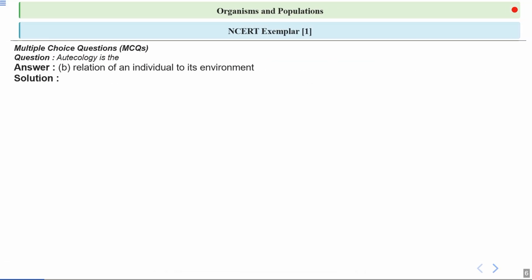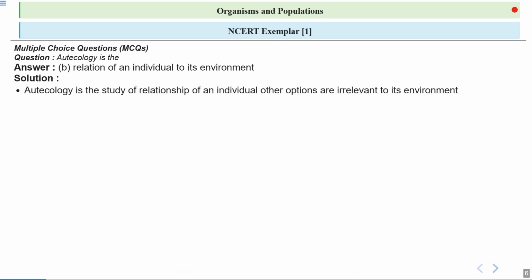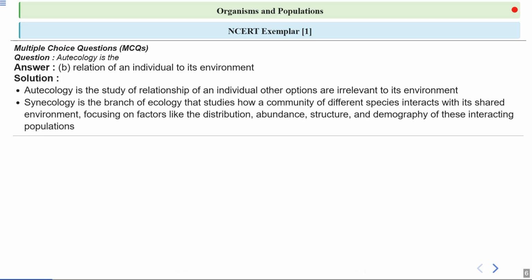Okay, so let's have a look at the answer. Option B is the correct answer here, relation of an individual to its environment. So let's discuss what is autecology. Autecology is all about studying how a single organism relates to its environment. Clear?